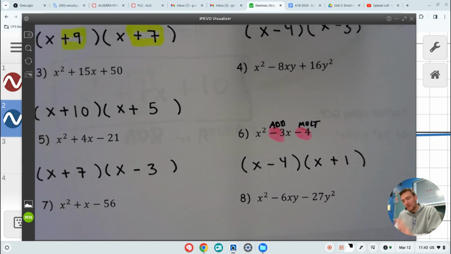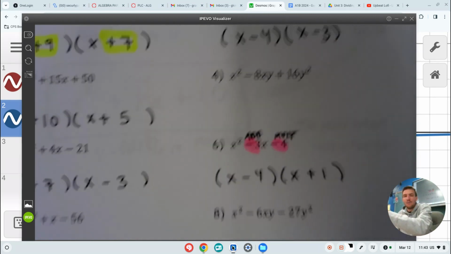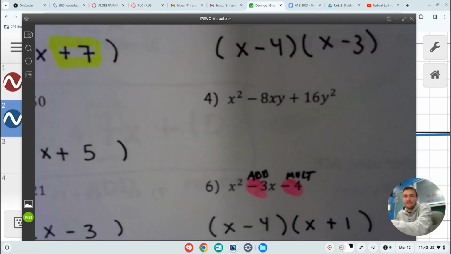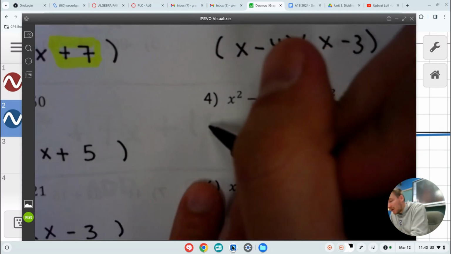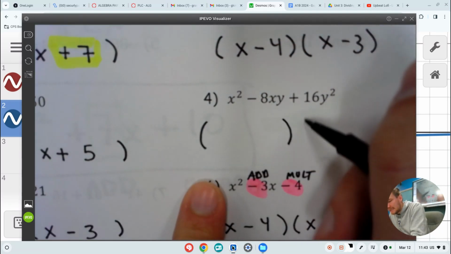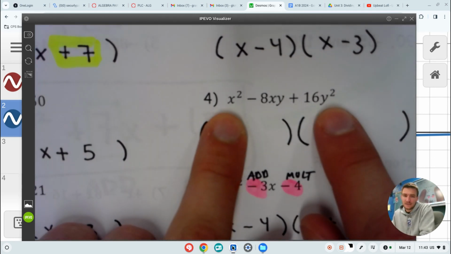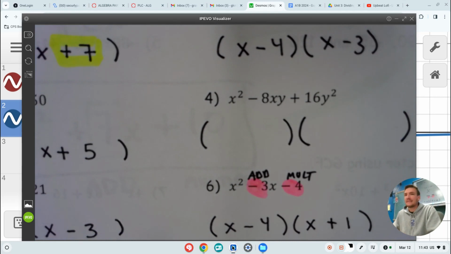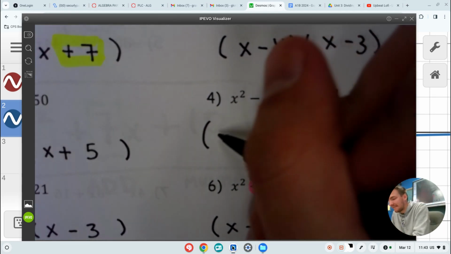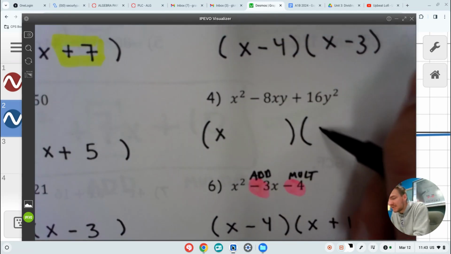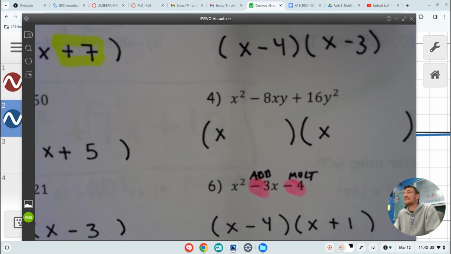Okay, we're pretty much done, all right? I want to show you how to do number 4. Number 4, parentheses, parentheses. The only scary thing about number 4 is that it has y's on it. And it's not that scary, but it's definitely different. You know how we start off like this with the x's on the left?